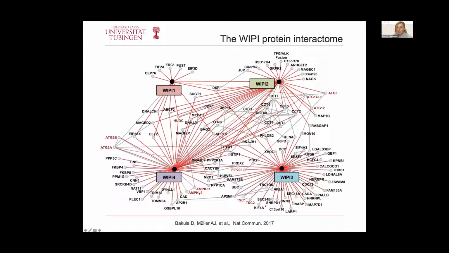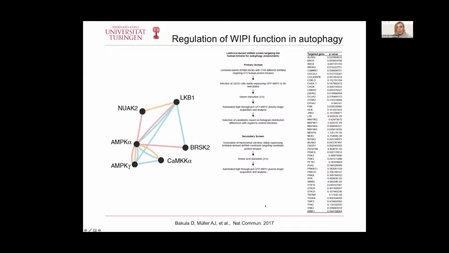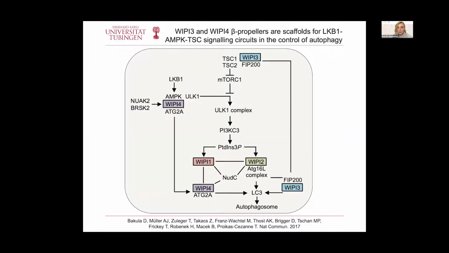And all others are individual partners. In addition, we conducted a kinome screen where we addressed the regulation of WIPI function. And to not be too long in my discussion of this, I present you the summary of this study in this scheme, which is our current model.